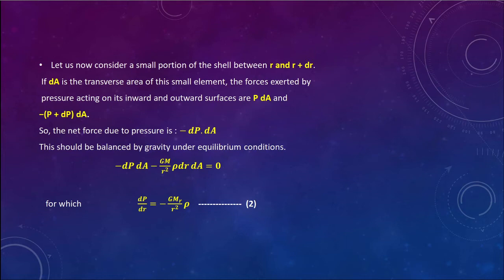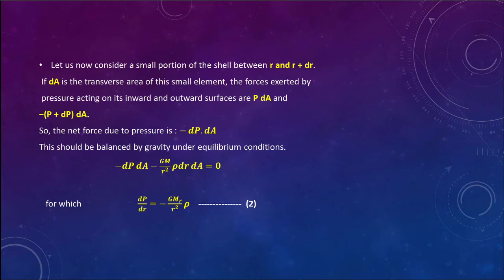Now let us consider a small portion of the shell between r and r plus dr. If dA is the transverse area of this small element, the forces exerted by pressure act on its inward and outward surfaces. The inward side will have P into dA, and the outward side will have P plus dP into dA, with a minus sign by convention because we are taking interior and exterior.